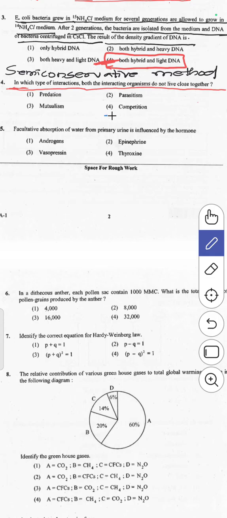So the fourth one, that is D, competition, is the right answer. If there is competition, then the interacting organism will not live close with the next species who is a better competitor. So for the fourth, D is the right answer.